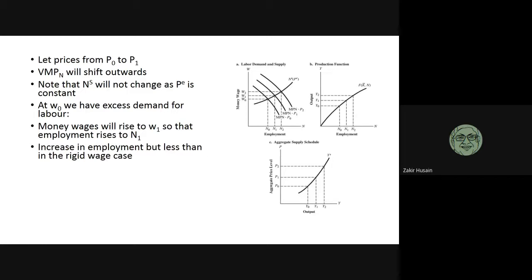Now, tell me one thing. Suppose you had rigid wages. Remember that the last model that we had discussed was one where only prices can change, not money wages. In that case, what is the increase in employment?